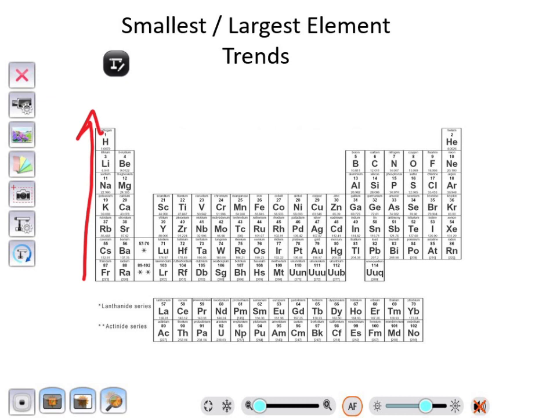Then, as I go across the periodic table, does my radius get smaller or larger? Smaller. They get stronger and stronger nucleus, which pulls them in. So then I've got helium is going to be my smallest radius. Okay?